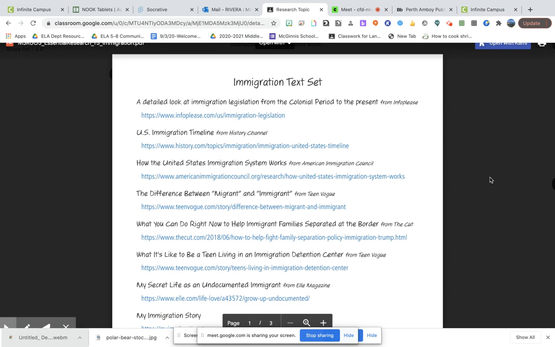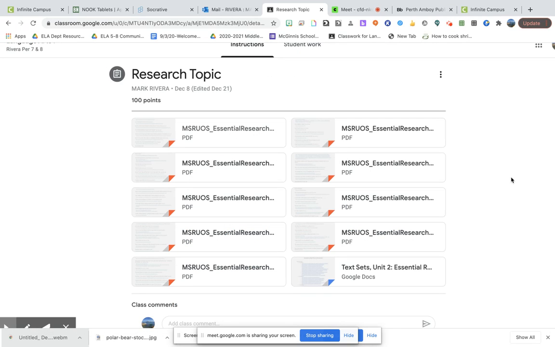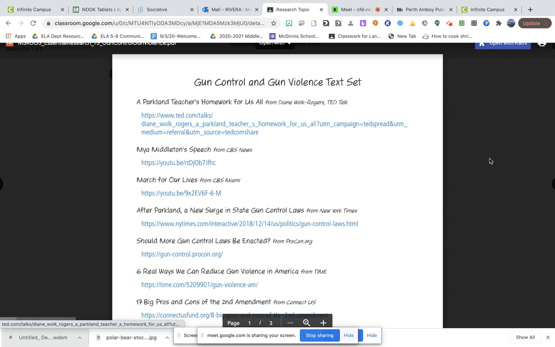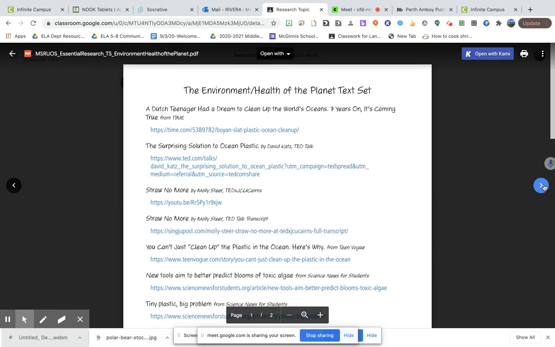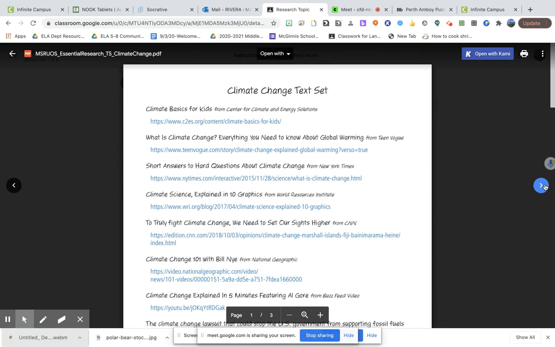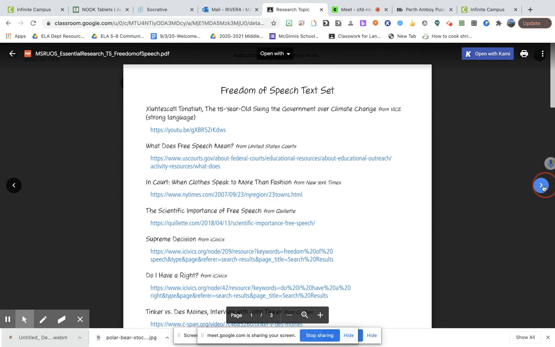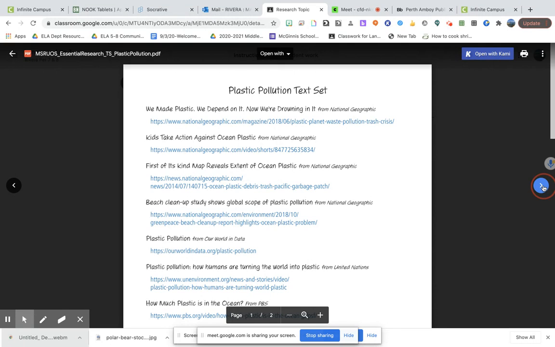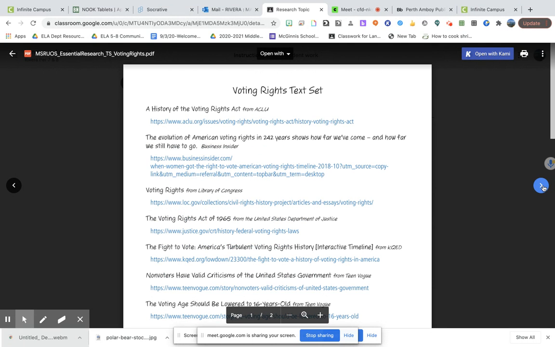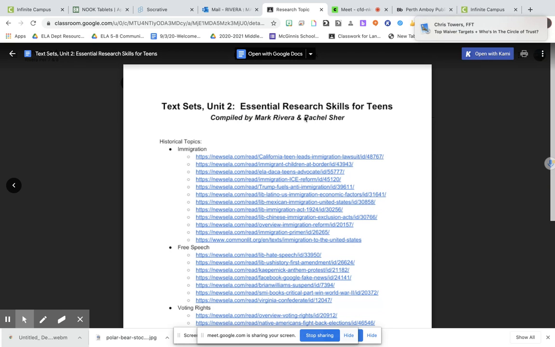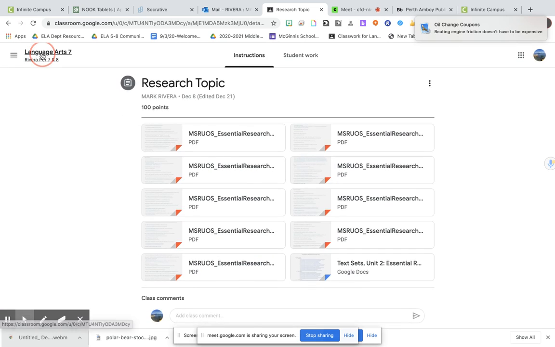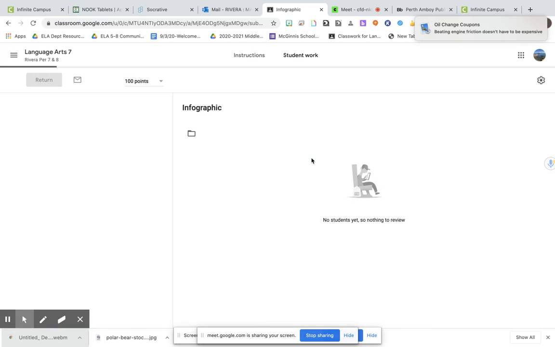So you could have been working on immigration or gun violence or the environment or gender, climate change, freedom of speech, plastic pollution, race and ethnicity, or voting rights. And then this last sheet, it just has more articles. So you're supposed to take down notes, which you should have put on this infographic.